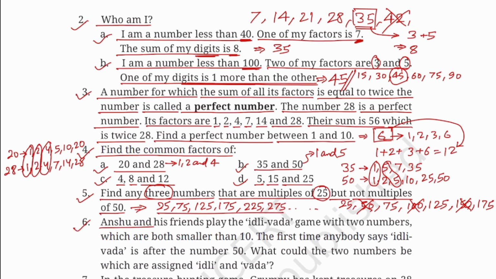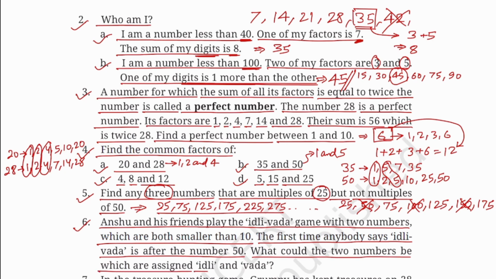6. Ansu and his friends play the Idli Vada game with two numbers, which are both smaller than 10. The first time anybody says Idli Vada is after the number 50. What could the two numbers be, which are assigned Idli and Vada? The answer could be 7 and 8, 7 and 9, 8 and 9.